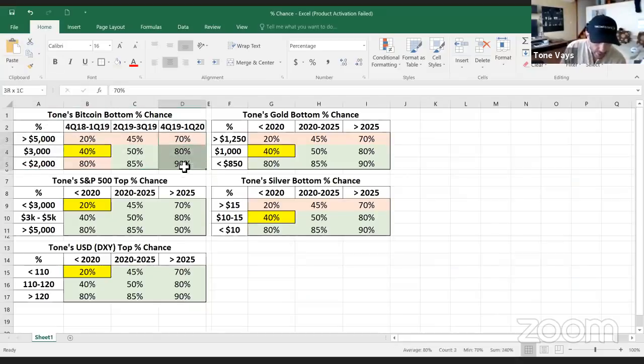Now, the percentage chart doesn't change. Now, notice how this side here is scaling differently than this side here. It's not symmetric. It's not symmetric because price has a lower bound. Time does not. Time doesn't have a further bound.